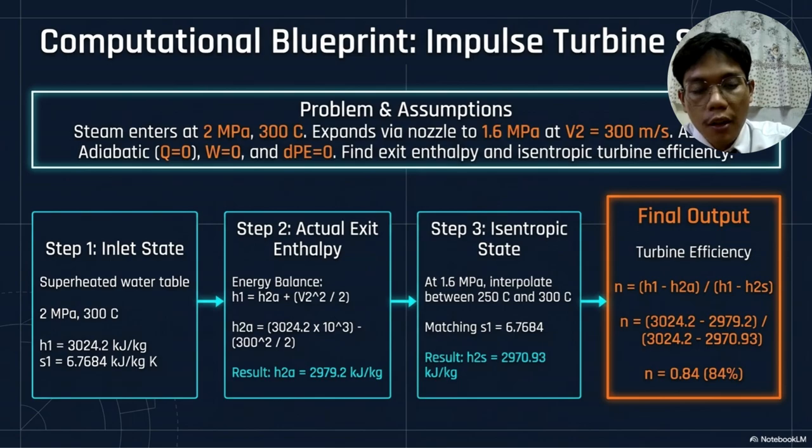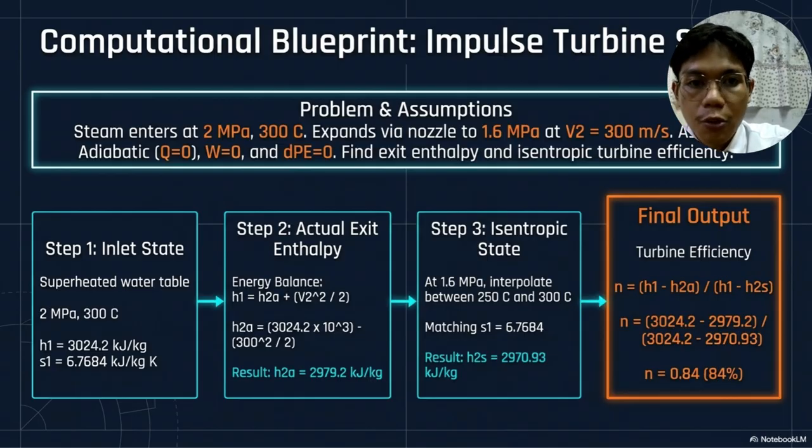First step, we have to compare the given pressure to the saturation pressure at 300 degrees Celsius. We find that the given pressure is less than the saturation pressure at 300 degrees Celsius, so it is a superheated condition.